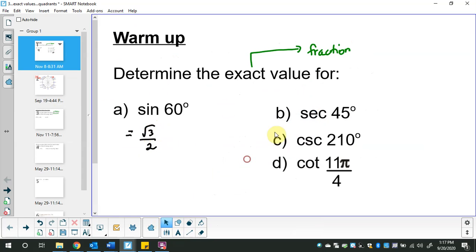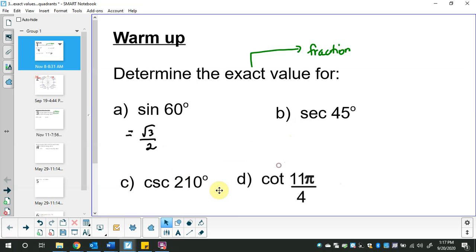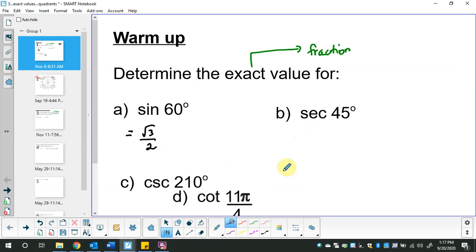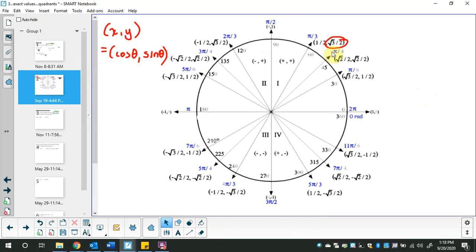This one is to remind you, oh, didn't make it movable. This one is to remind you what to do with secant. So I'm not going to write it down like I did with the last one. I'm just going to pull off the answer the way I hope that you will pull off the answer. And that is, you're going to look up 45 degrees. You're going to look up cosine, and then you're going to flip it upside down. So 45 degrees, cosine is the first one, turn it upside down.